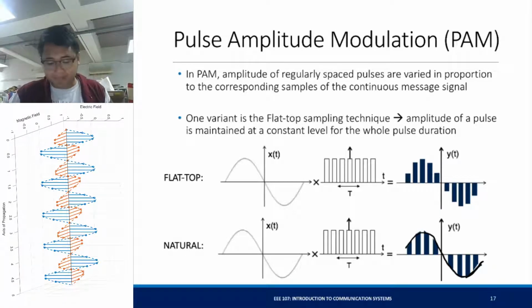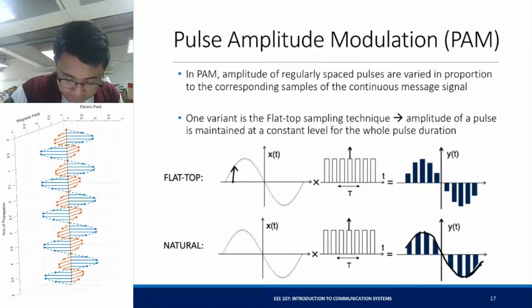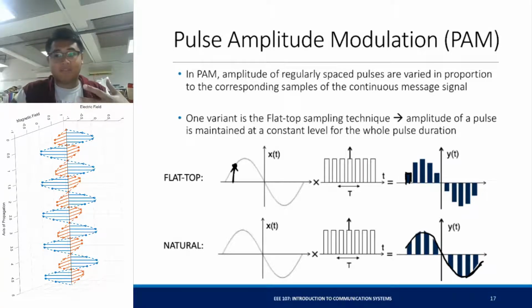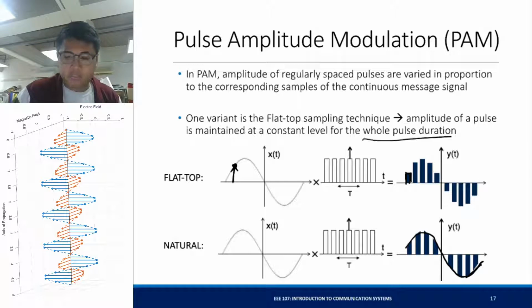Flat top sampling kind of works as an ideal sampling case in which your signal is sampled here, and then it will have the same value until the pulse becomes 0. So the sampled value is maintained over the whole pulse duration, or the pulse width.